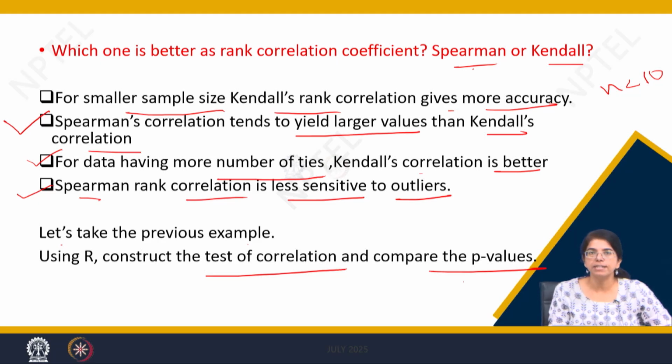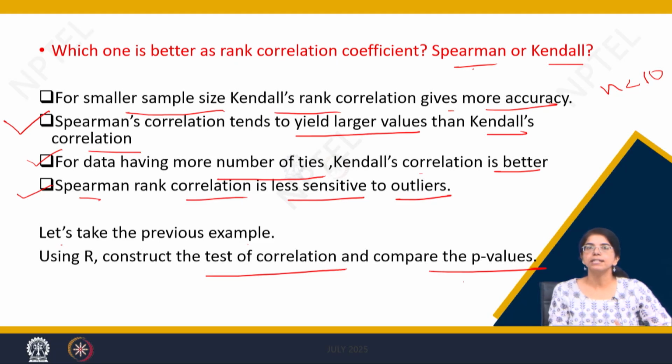What is the null hypothesis? Once again, a quick reminder: the null hypothesis means that there is no association. Kendall's tau is equal to 0, or the population Spearman rank correlation is equal to 0. So null means no association.